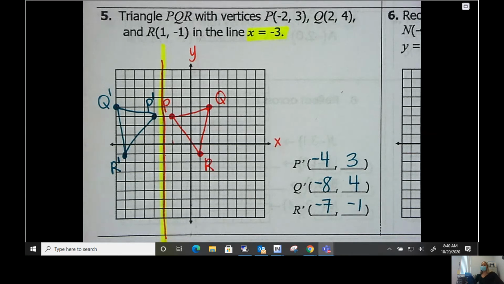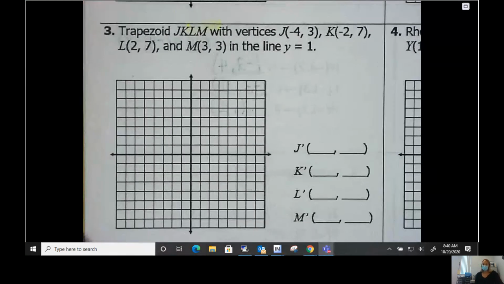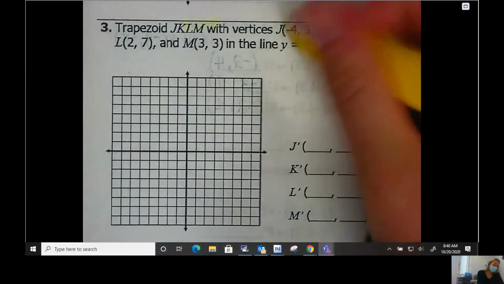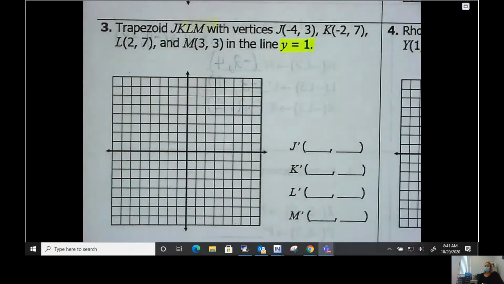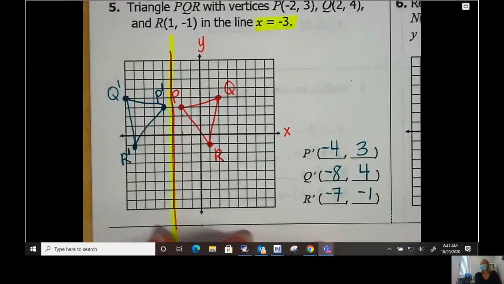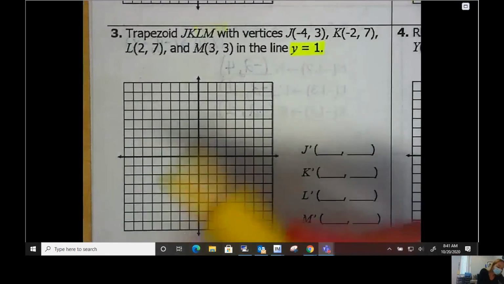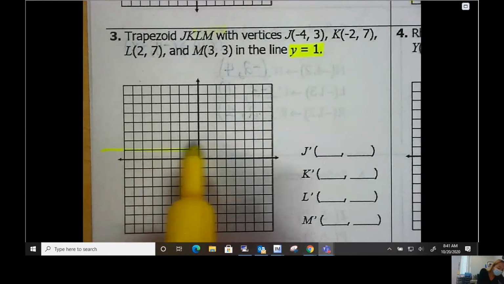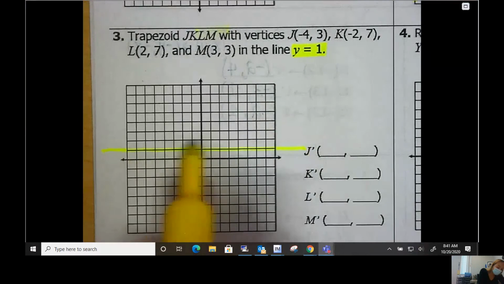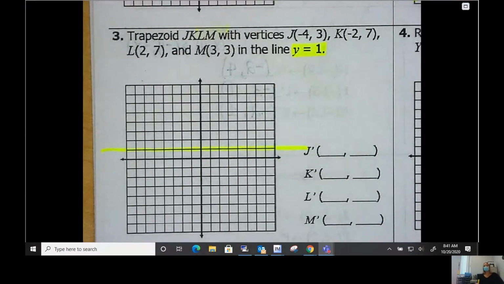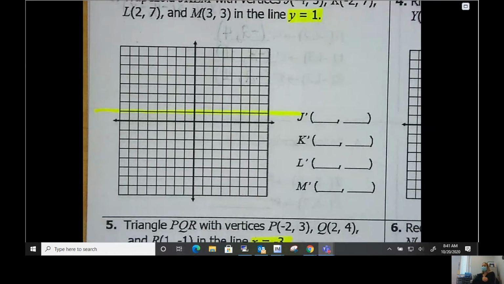So the last part I'm going to do with you, and then I'm going to leave you to it, is if you look at number 3, the line y equals 1, is that a vertical line or a horizontal line? So the line x equals -3 was vertical, so y equals 1 is going to be horizontal. So at the 1, this is going to be your line of reflection. Right at the 1.